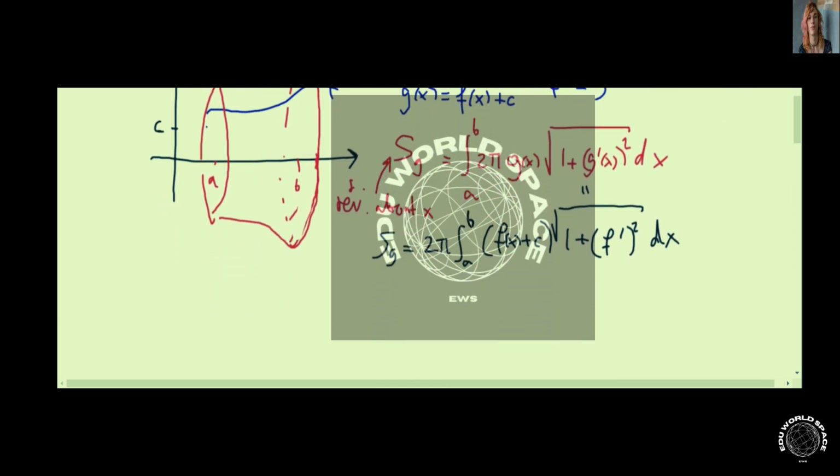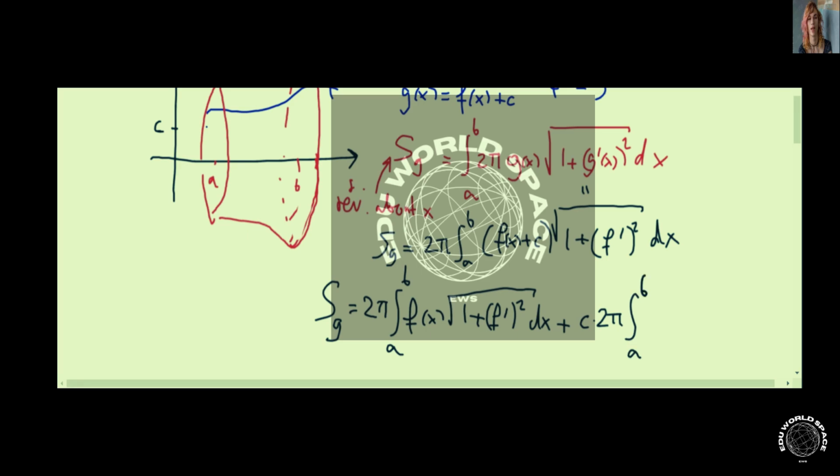Then we can multiply this by that and by that and separate the two integrals, so that the surface area from rotating g about the x-axis would be 2 pi the integral from a to b of f of x times the square root of 1 plus f prime squared dx, and then plus c, and well c is a constant, so we can pull that out of the integral: c times 2 pi the integral from a up to b of the square root of 1 plus f prime squared dx.